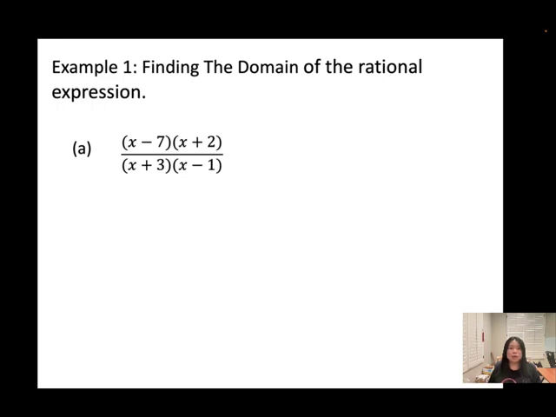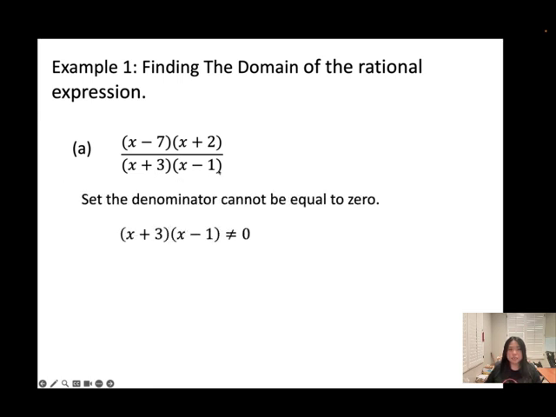Example 1. Finding the domain of the rational expression. Same idea. The numerator doesn't really matter. The denominator cannot be equal to 0. So we set x plus 3 times x minus 1 not equal to 0, and then we solve for x.